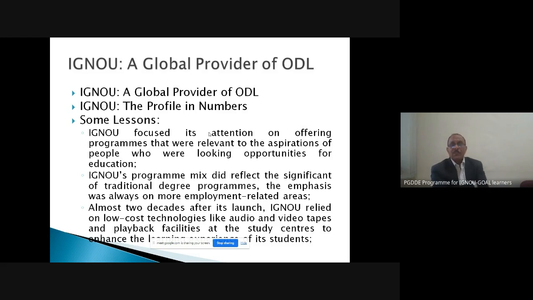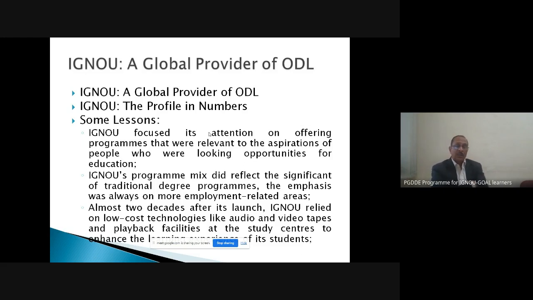And IGNOU's programs are a mix of traditional degree programs as well. The emphasis was always on employment-related programs.